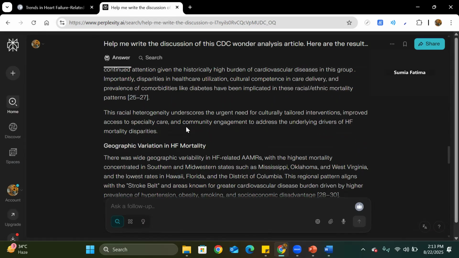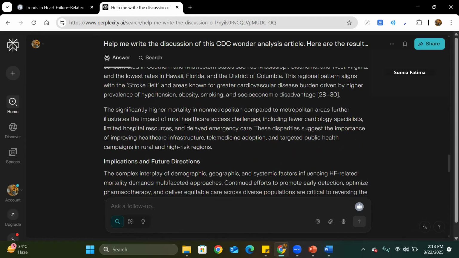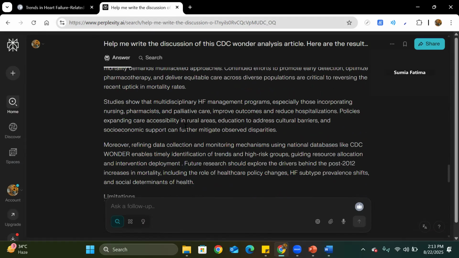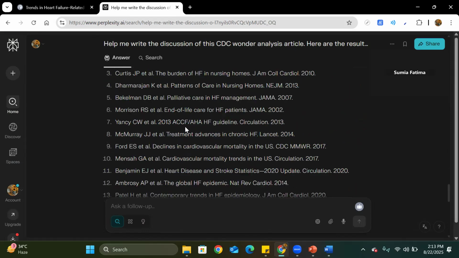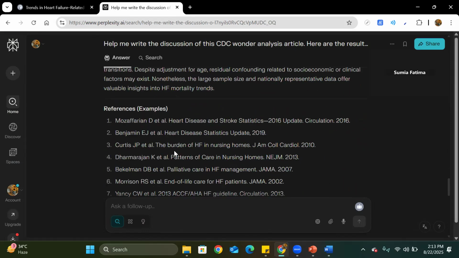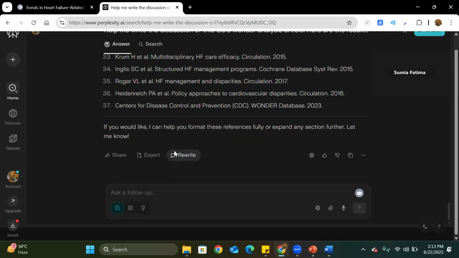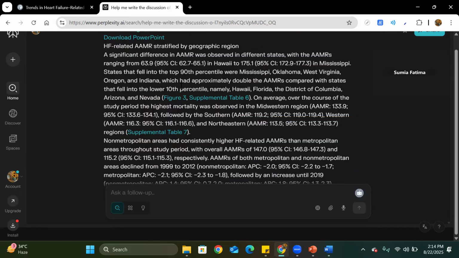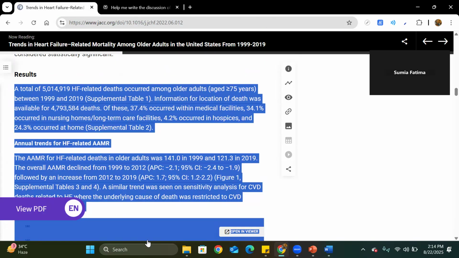And sometimes it helps you find the specific cause, why there was an increase and why there was a decline. You can take help from AI, even for the references, but always try to do something by yourself, because the human brain is very powerful in making comprehensive analysis.